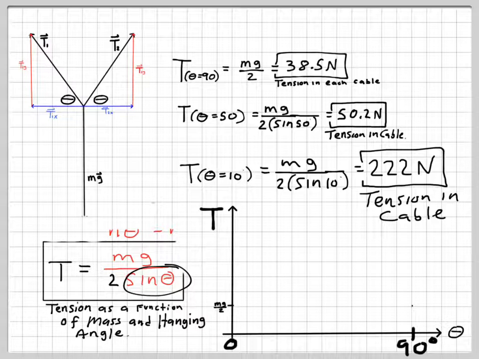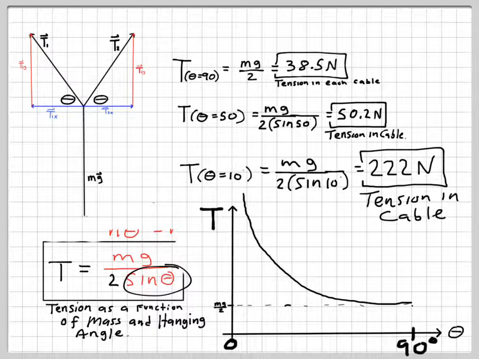So in the infinite limit, as the hanging angle approaches 0, you're dividing essentially by 0, which gives you an infinite tension. So what we should expect to see is some sort of behavior where the tension is asymptotic to the 0 degree vertical line and approaches infinity. And it starts out at 90 degrees, with the tension force being half the weight.